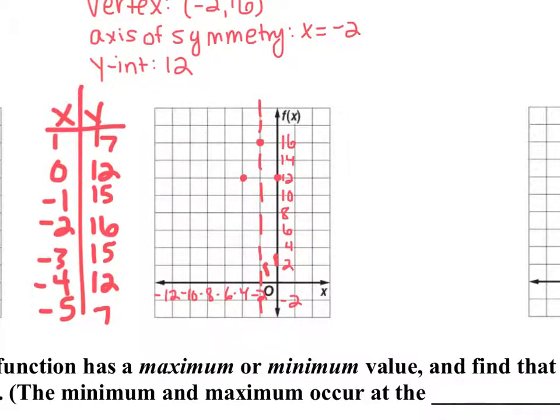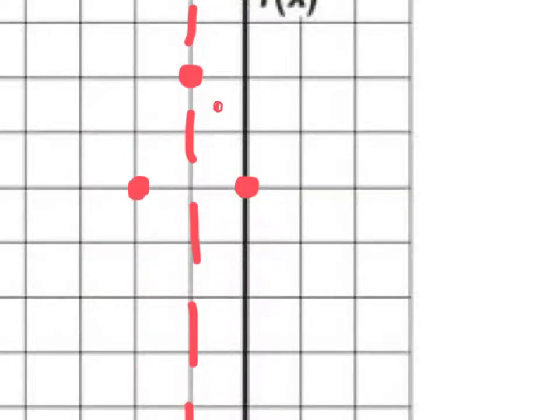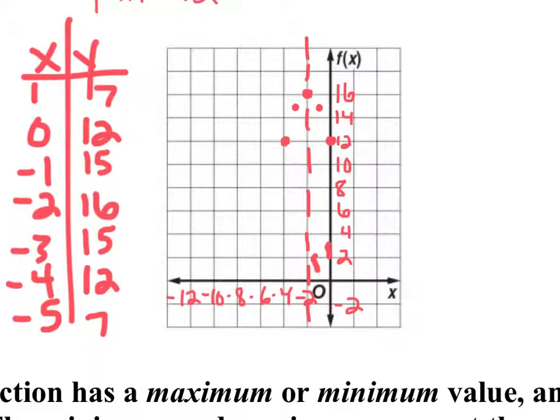So we have negative 1, 15. So that's going to be in the middle right here. I'm going to fix that. So it'll be right here. And then the twin point will have negative 3, 15. Then we have 1, 7 and negative 5, 7.